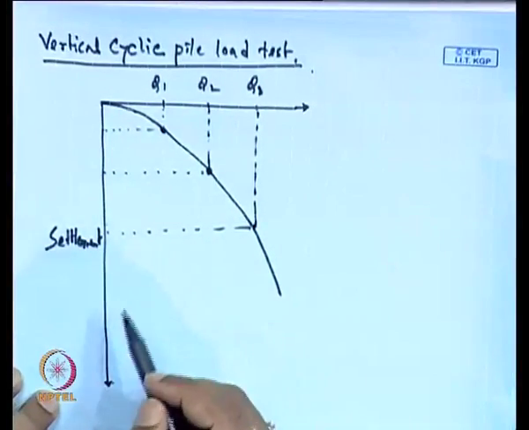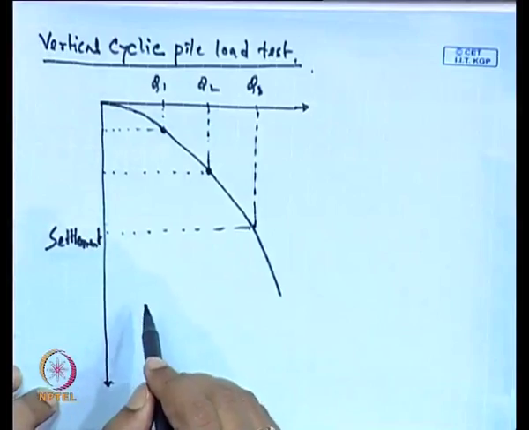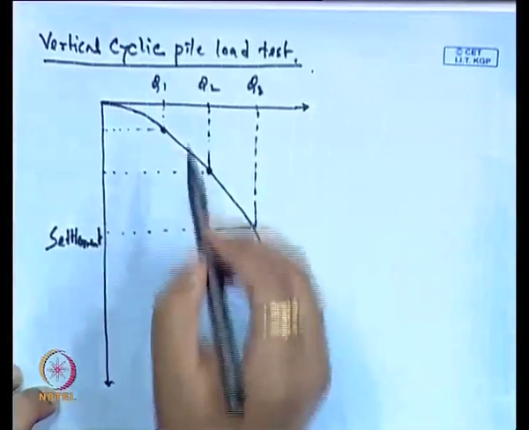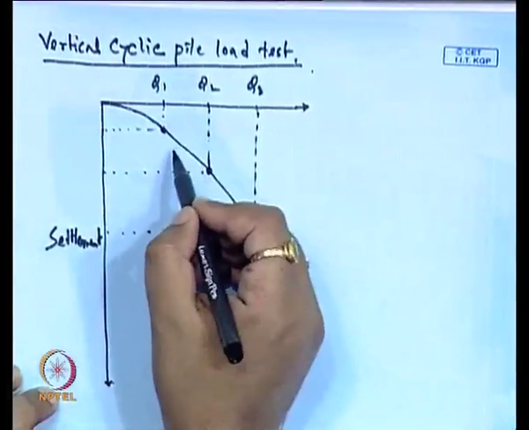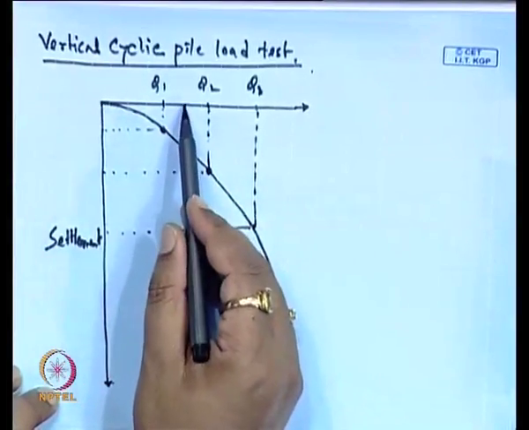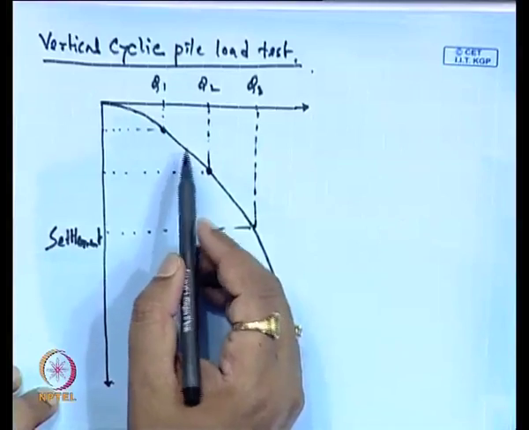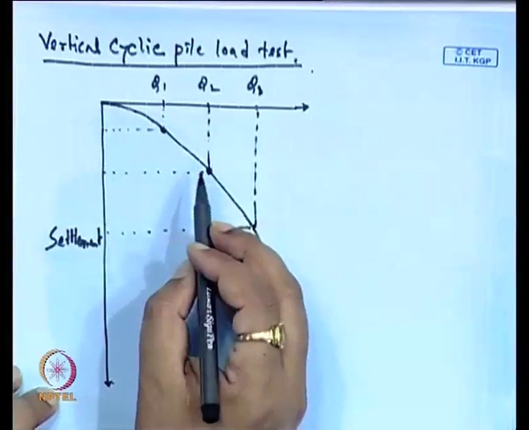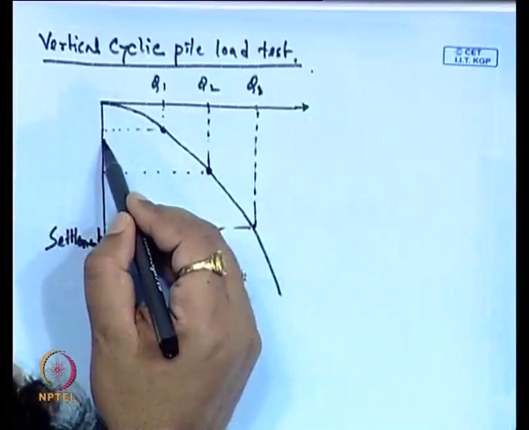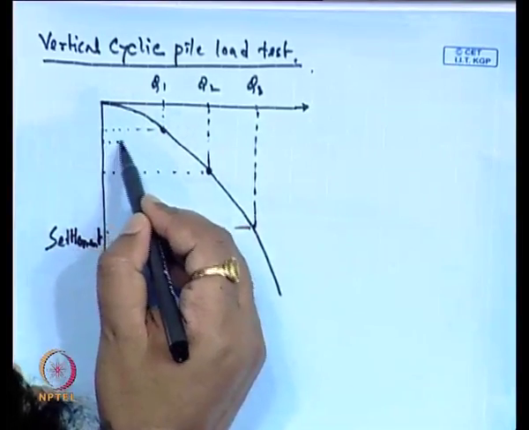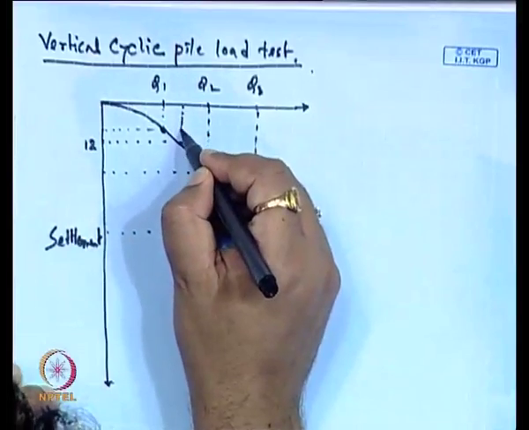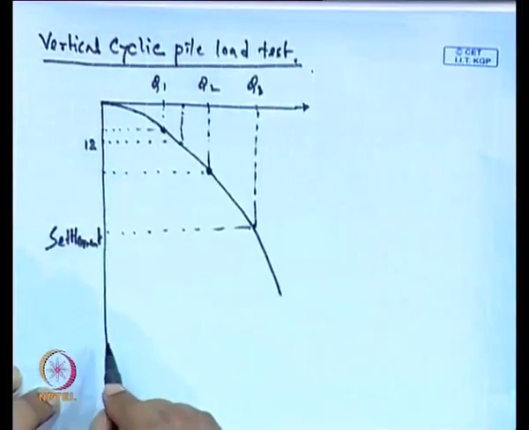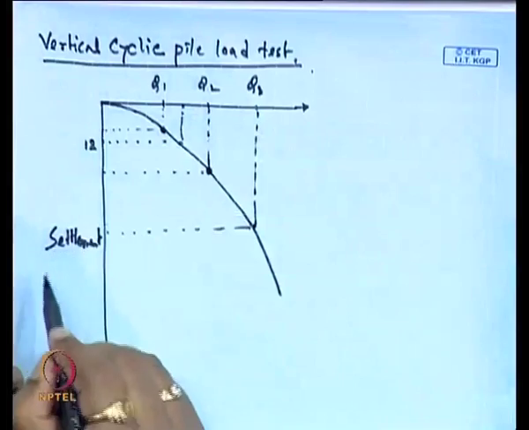Then if we want to determine the allowable load carrying capacity of the pile, we have to apply certain conditions. One is 2/3 of the load at which the settlement attains a value of 12 millimeter. We calculate the Q value corresponding to 12 millimeter and take 2/3 of that load.